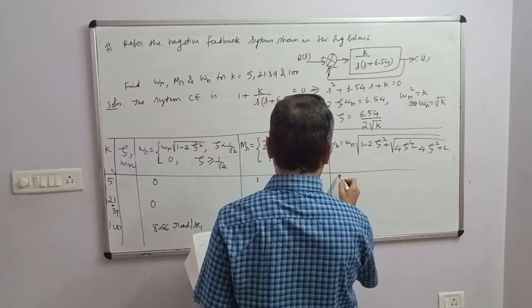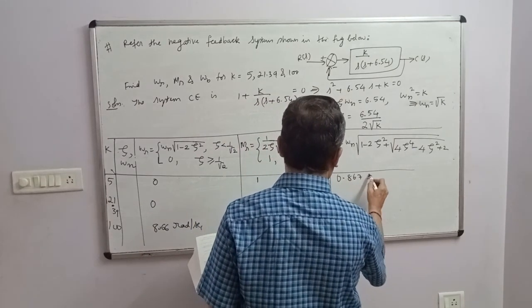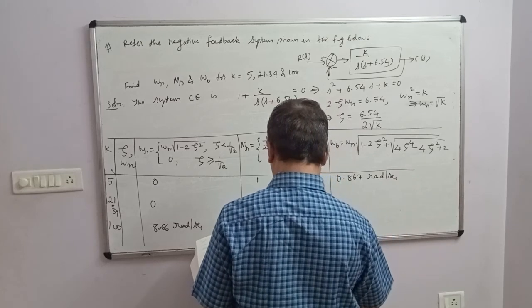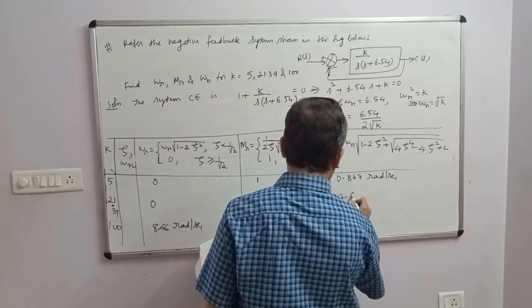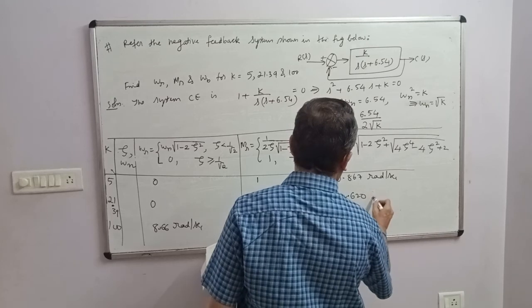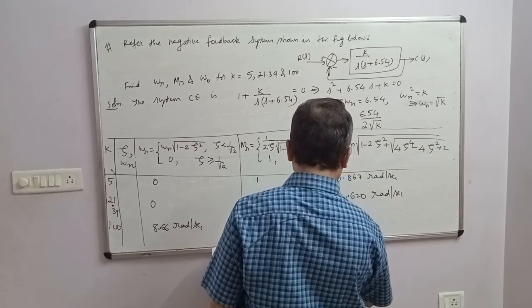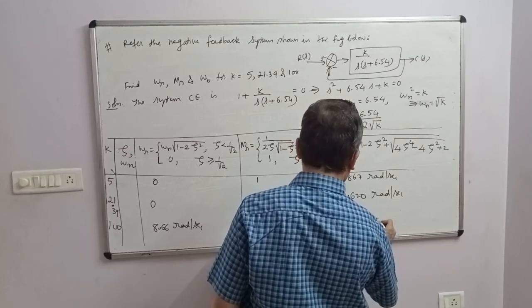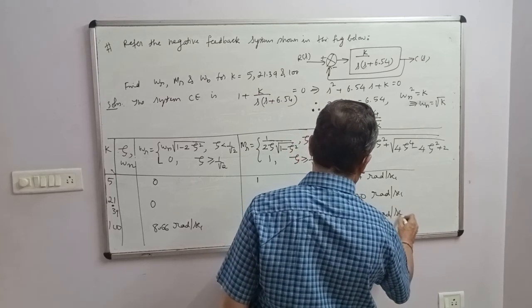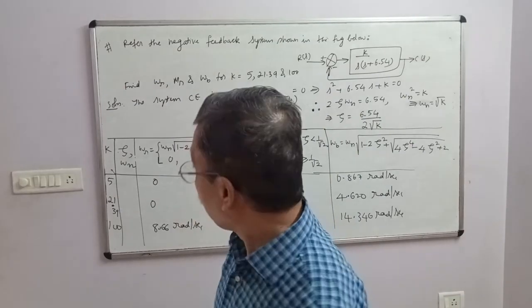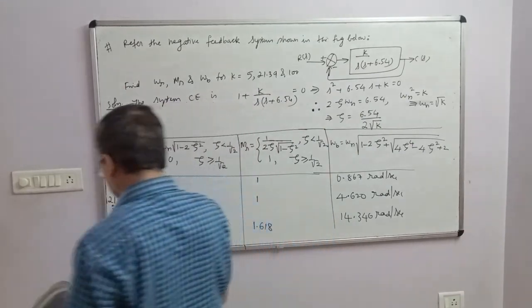Bandwidth is 0.867 radians per second, 4.620 radians per second and 14.346 radians per second.